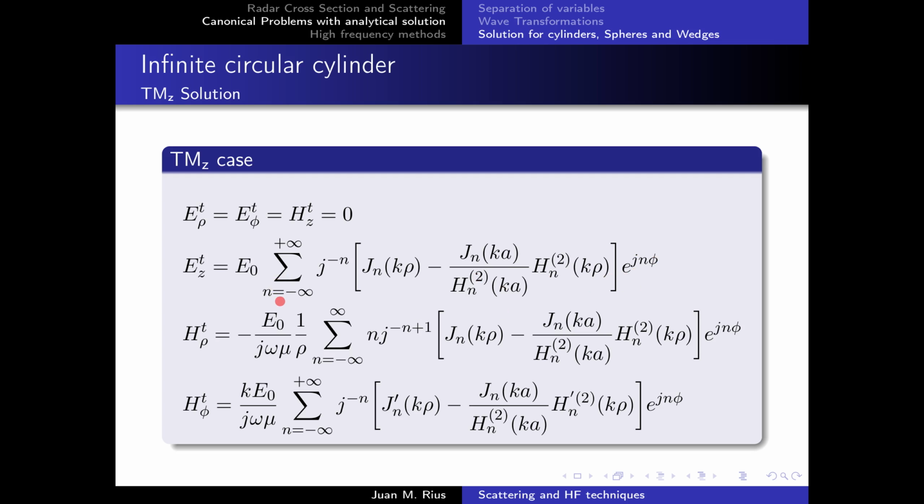And again, we don't need to sum infinite terms, only terms up to n equal to ka plus a small quantity like 5 or 3 or 10, depending on the accuracy that you want to get in the approximation to the infinite sum.